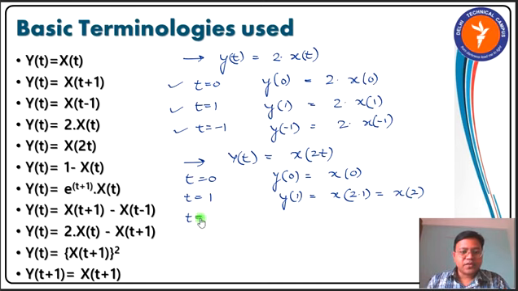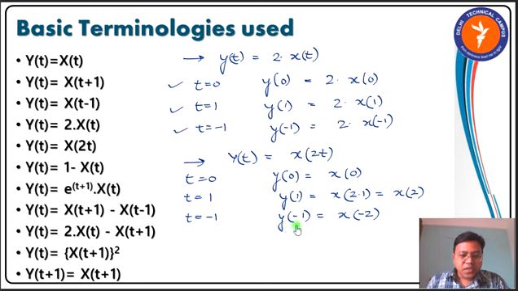Similarly, if I substitute t equal to minus 1, then y(-1) is equal to x(-2). Now, this equation says the output at t equal to minus 1 is dependent on input at t equal to minus 2.